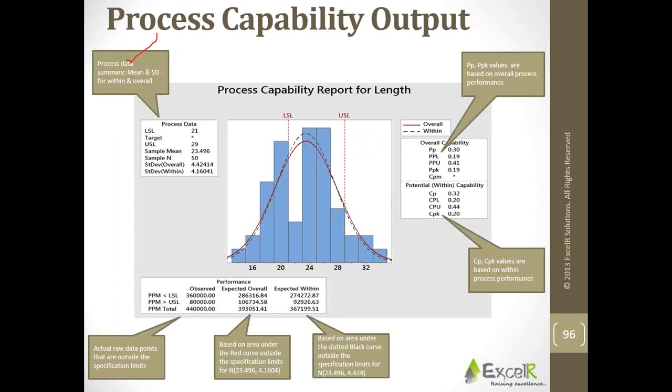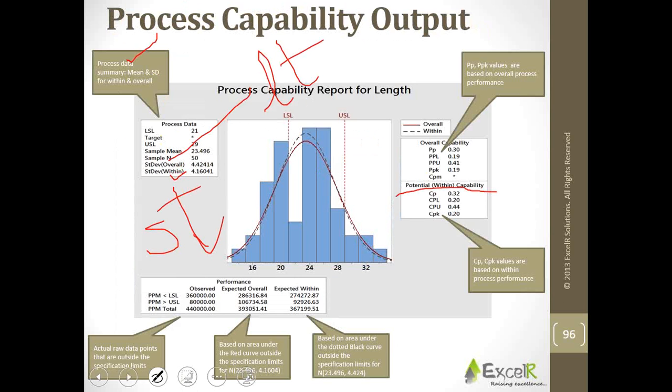Process data summary: here you'll get the mean and standard deviation for within and overall. Within is for short term. Overall is for long term. Potential capability within is again short term, so CP, CPK values are based on within process performance.